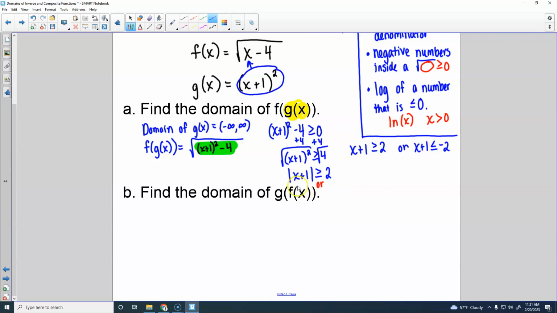The second one, x plus 1 stays the same. You're going to flip your sign and change the sign of your answer over here. So if I solve each one of those, I get x is greater than or equal to 1. And then if I subtract my 1 over here, I get x is less than or equal to negative 3.